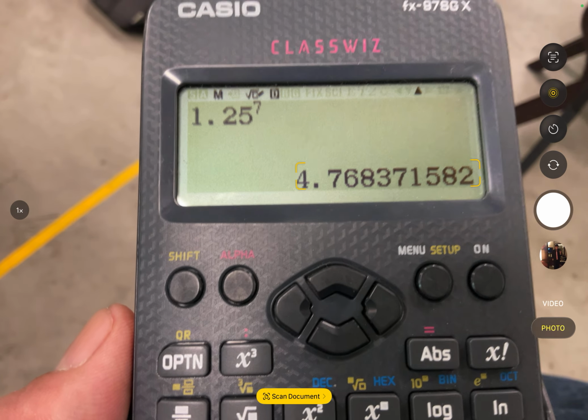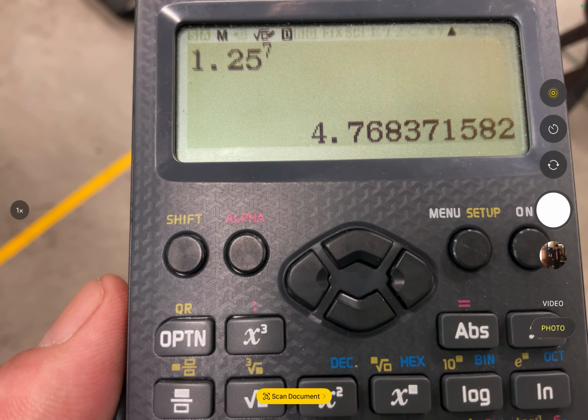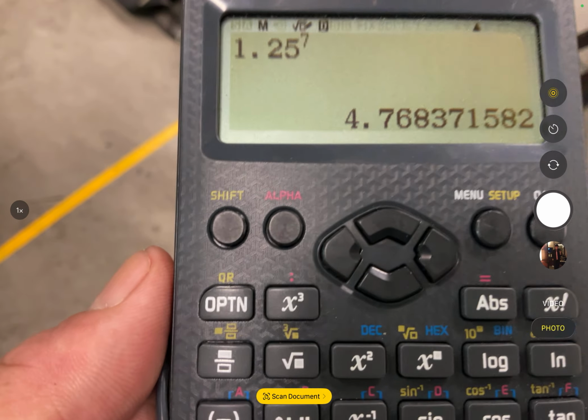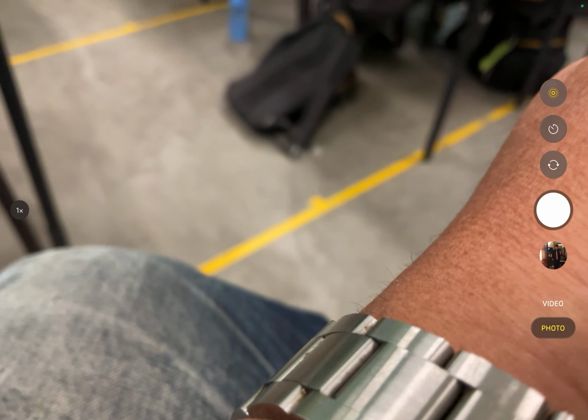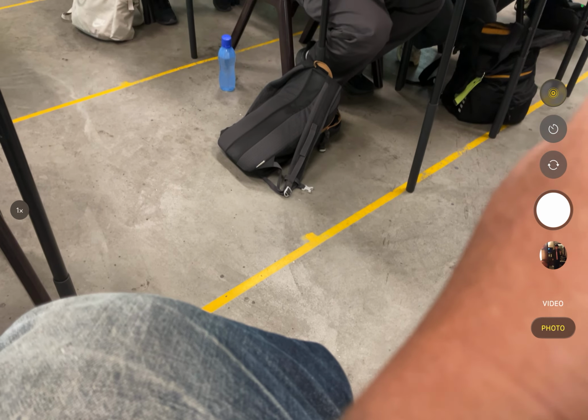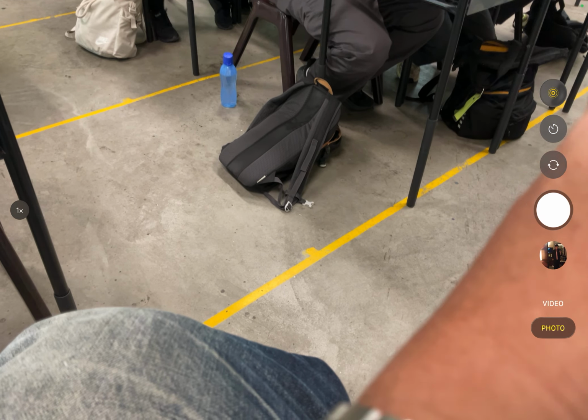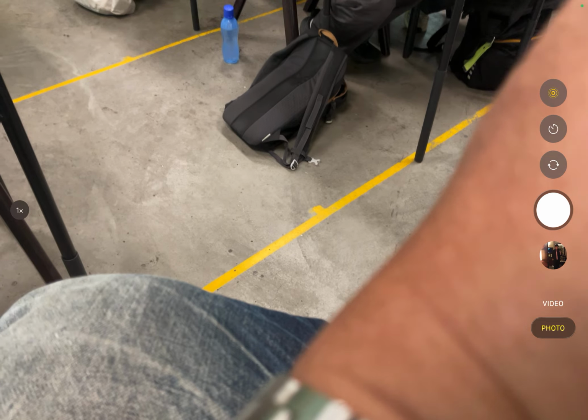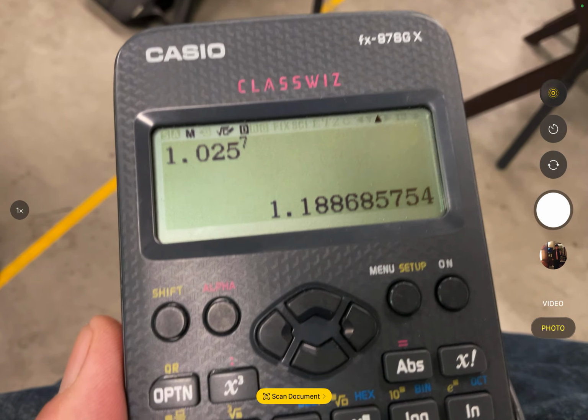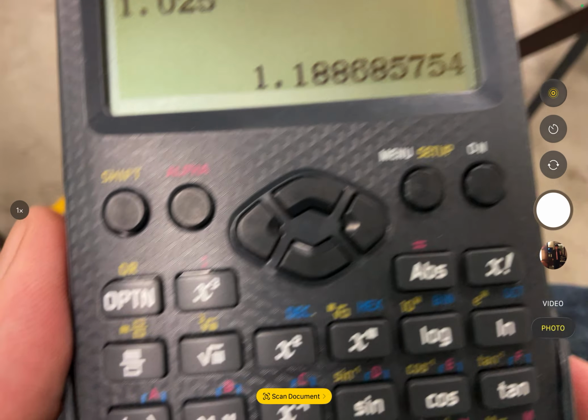Did you key in the same thing? Sorry, I did it wrongly. It should be 1.025 to the power of 7. So 1.18, I was wrong. 1.188685754.